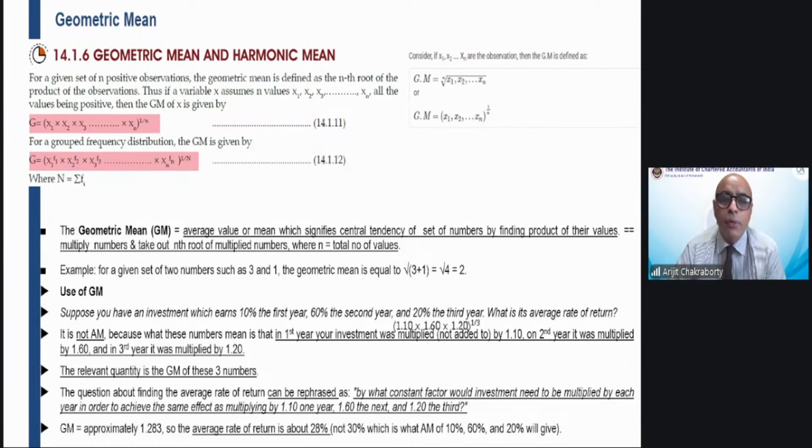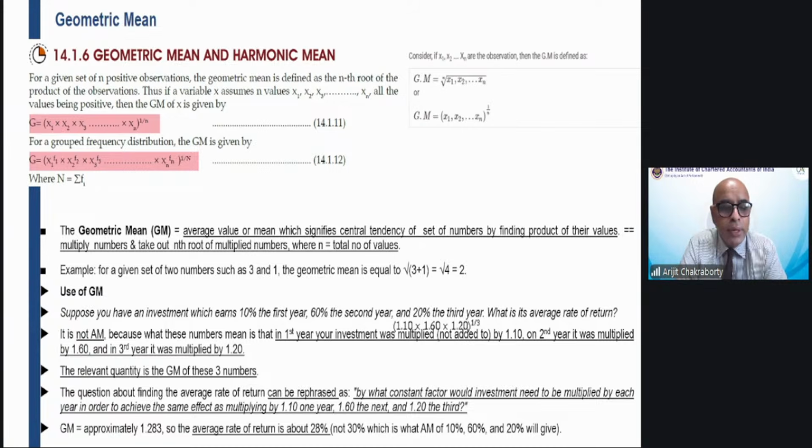So we multiply all the three rates, 0.1 into 0.6 into 0.2, and we get a product. We have three numbers, so we have to obtain the third root, that is the cube root, because the number of observations is 3.